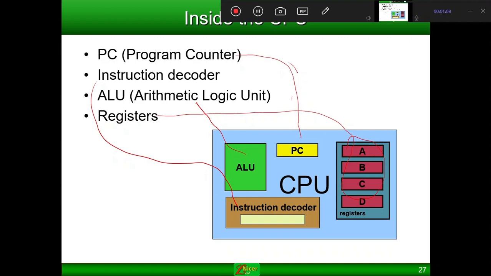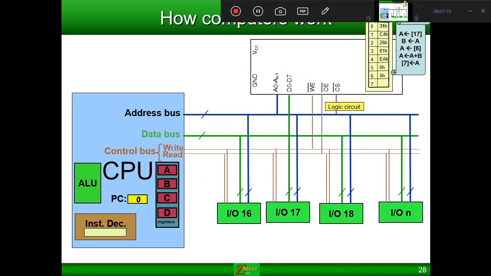So how does a computer work? This is the simplest example through which we can discuss how a computer really works. As you can see, our computer comprises an address bus, data bus, and control bus, which reside inside the CPU.